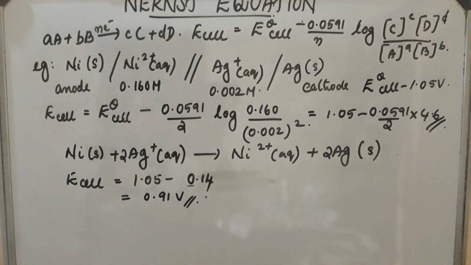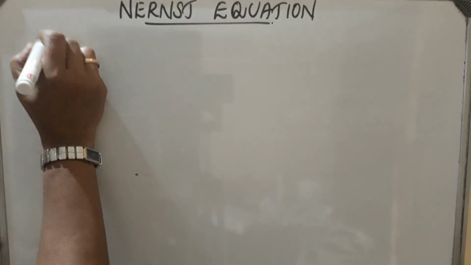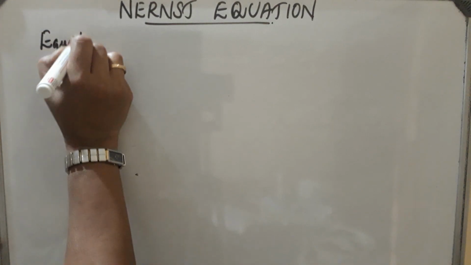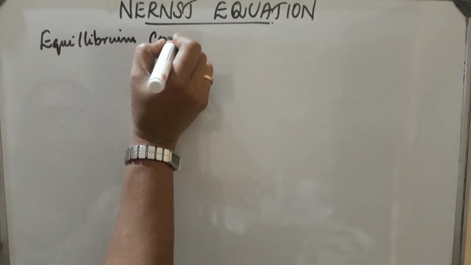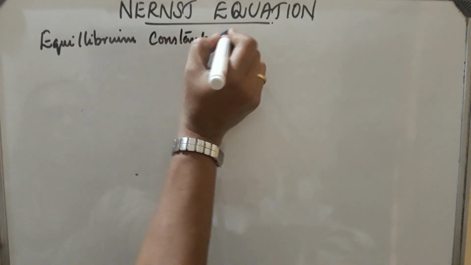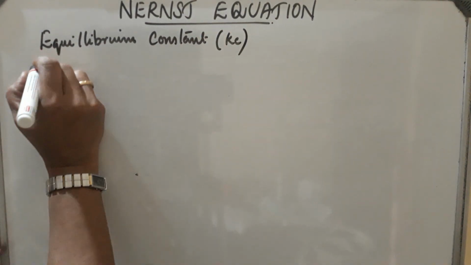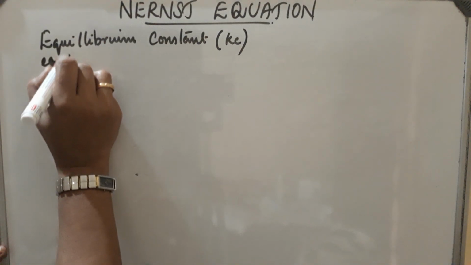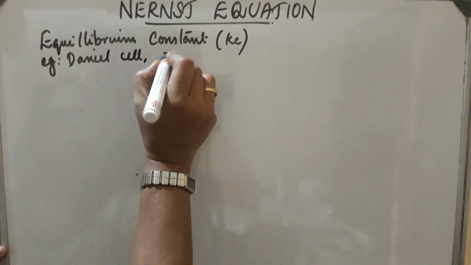Next is, how can we calculate the equilibrium constant from the Nernst equation? The equilibrium constant, which is Kc, can be calculated from the Nernst equation. For that, let us take an example, the Daniell cell. What will be the reaction for the Daniell cell?